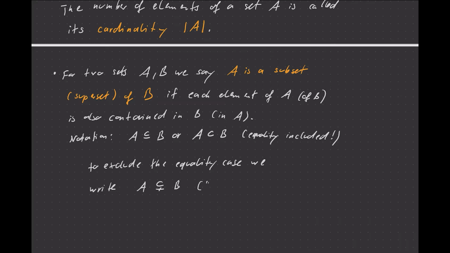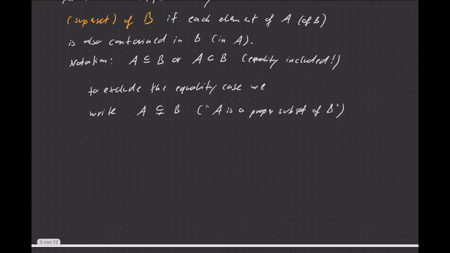You could also say A is a proper subset of B. And of course, for supersets, the notation is similar here. A is a superset of B would be denoted like this, by just turning that sign around. Or without the equality.